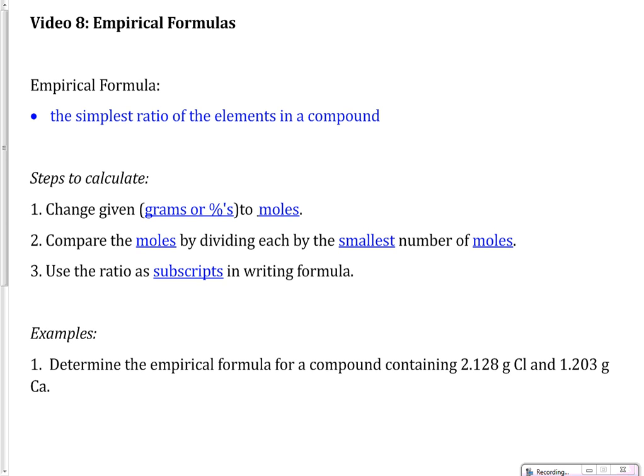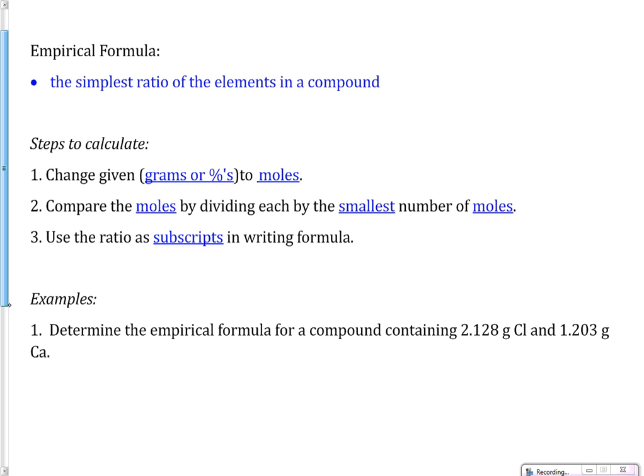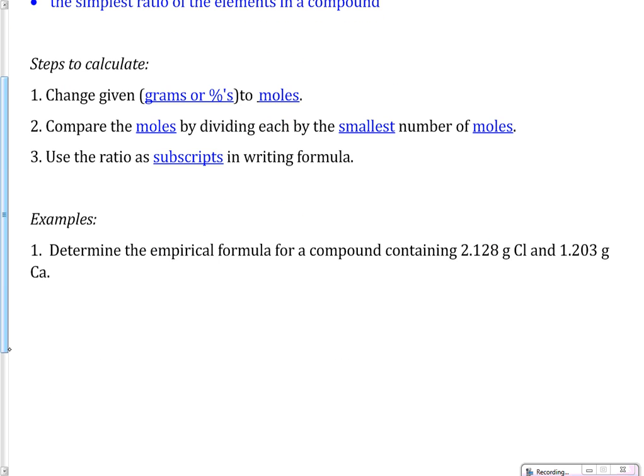Now, when we actually put this into practice, you're going to see that this is a pretty easy process to do. So in your paper or in your packet, you're going to see here that we have a practice problem. It says to determine the empirical formula for a compound containing 2.128 grams of chlorine and 1.203 grams of calcium. So we're going to start by writing down our givens.